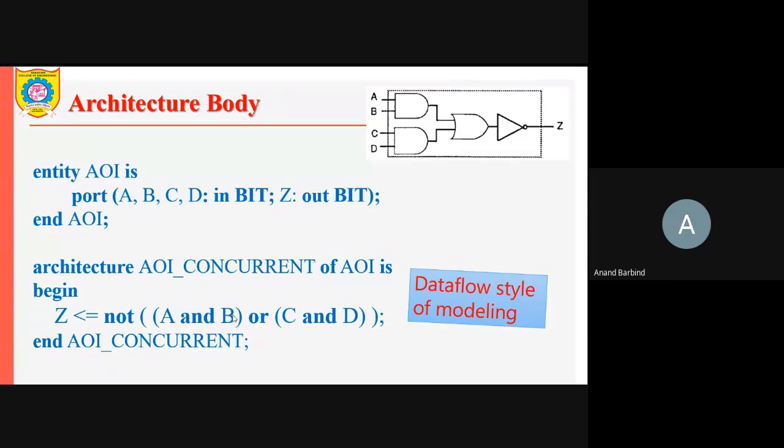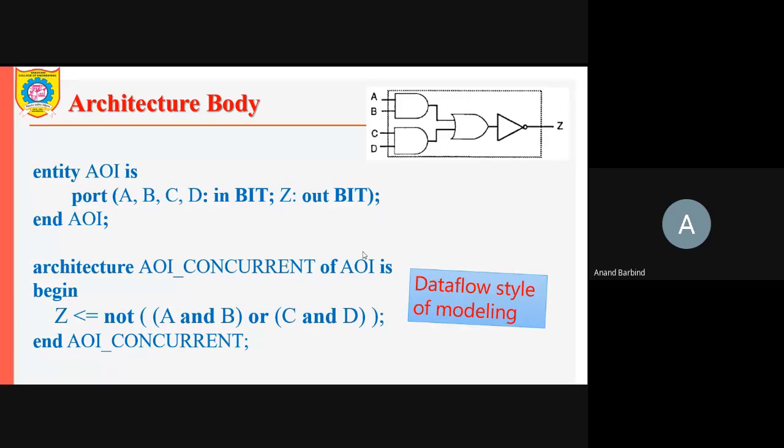Then A and B is ORed with what? C and D. Okay, so it is to be ORed with C and D. Both are put in brackets, and a not operation is done on this.